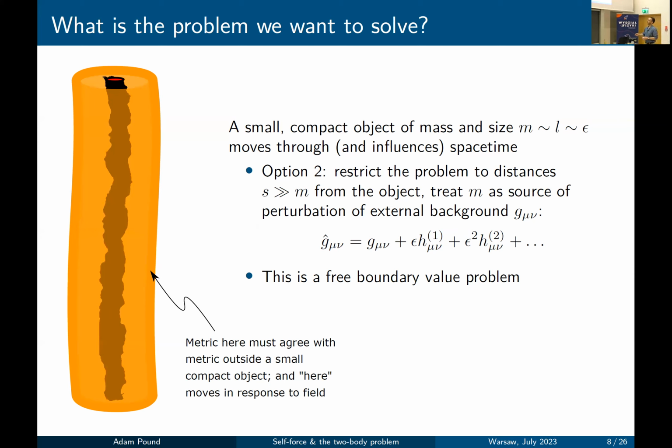So you can imagine, okay, let's impose the condition that the metric in this region must agree with the metric outside a small compact object. And let's derive that metric in some appropriate way. So this is something like a free boundary value problem, because the whole motion of this tube is affected by the perturbations outside the tube, and you're imposing some condition on the surface of the tube.